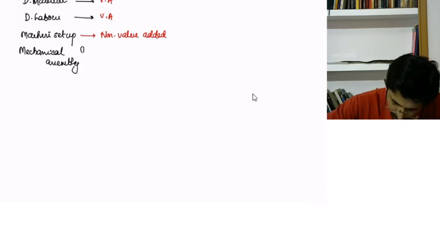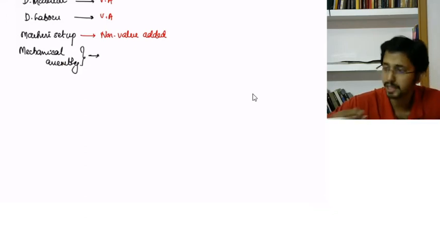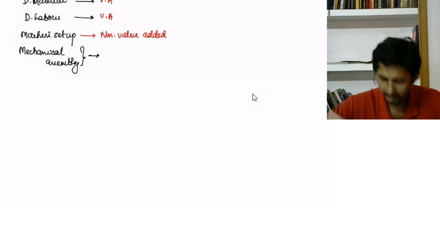Just because you have the components, that will not give you the final product. You need to assemble it, and that is assembled using the machine. So it is also a value added activity.